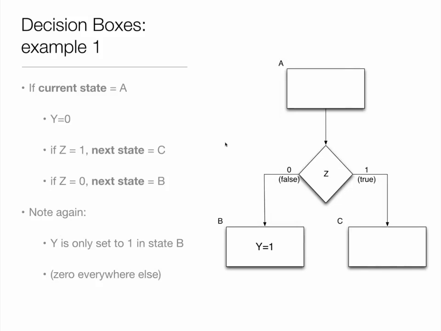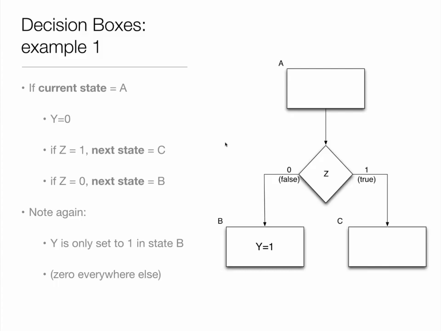So here's an example of a simple state transition. We're in state A, no outputs are being asserted, so we assume they're all 0. Then while we're in state A, we look at Z, so there's a whole clock cycle here. If it's a 1, we go to state C, no change in the outputs.